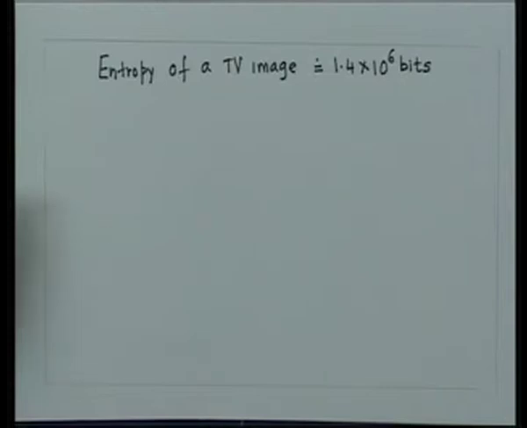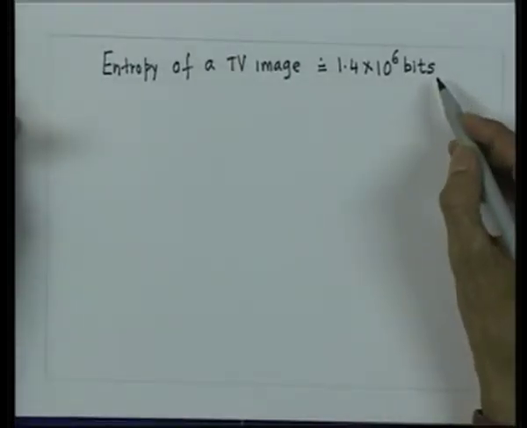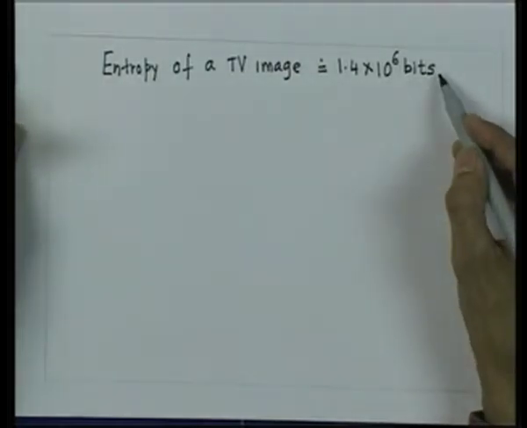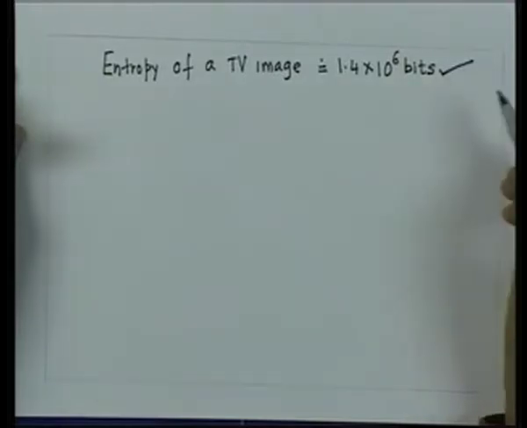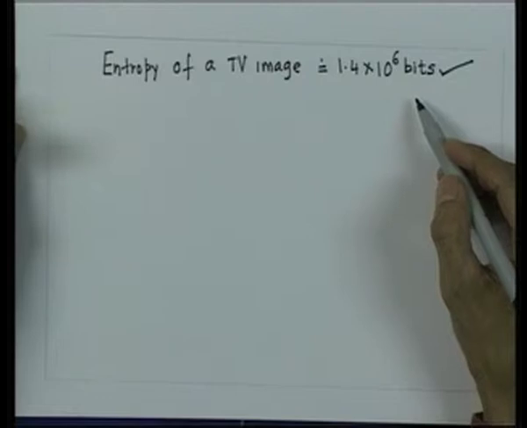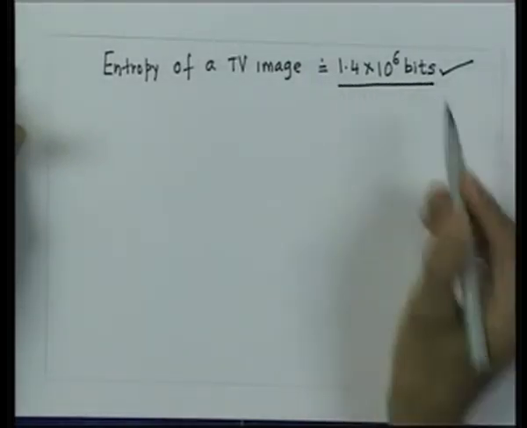At that stage I had pointed out that the calculation of the entropy which we have done for the TV image is not really exact. In a practical situation, you will find that the entropy of a TV image is much less than this quantity.